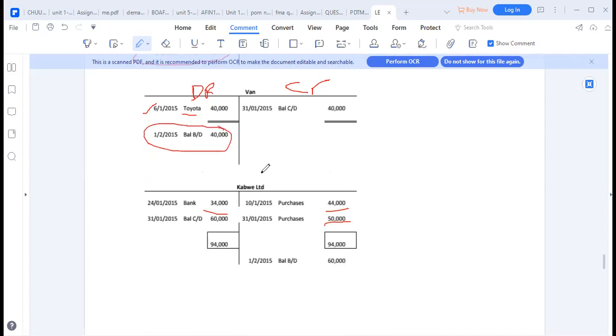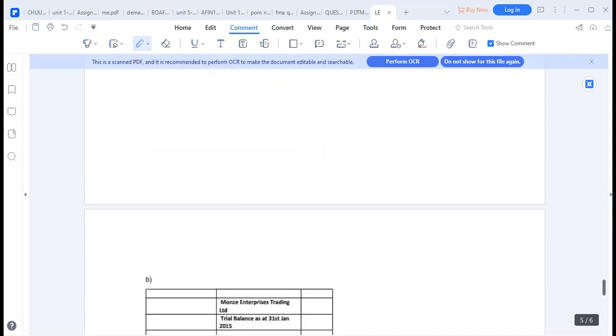Then the car, well, these ones were suppliers. So these were we bought from them on credit, most times that it has been indicated. So these are suppliers. And then these ones we're supposed to have the balance, which is called the credit balance.